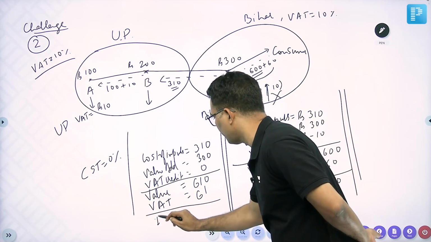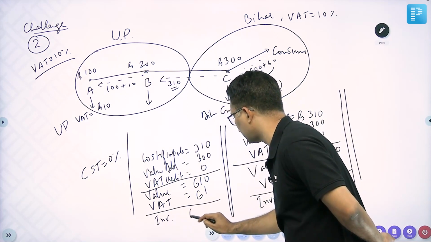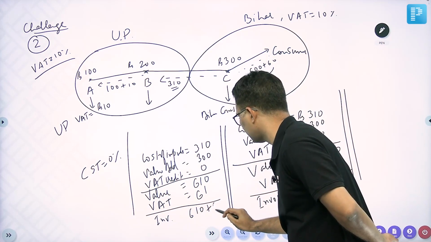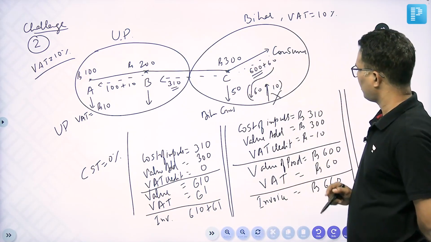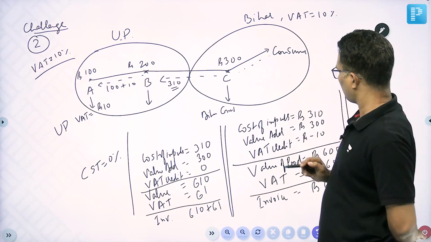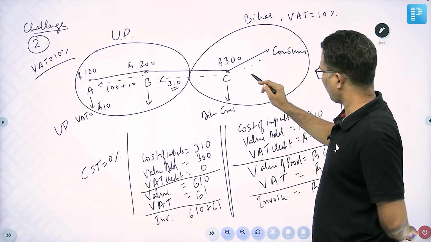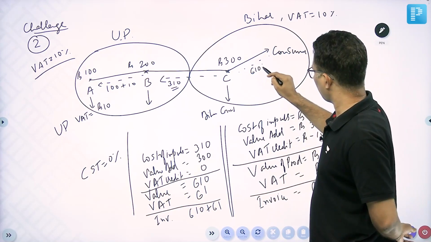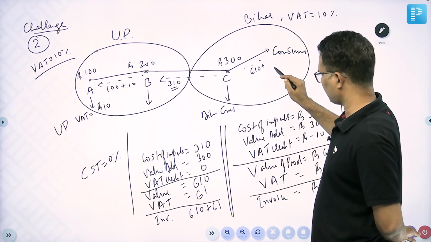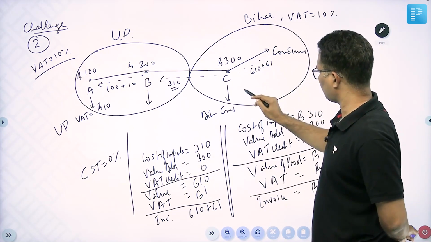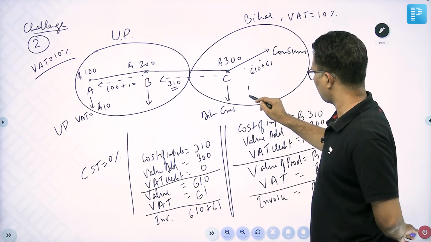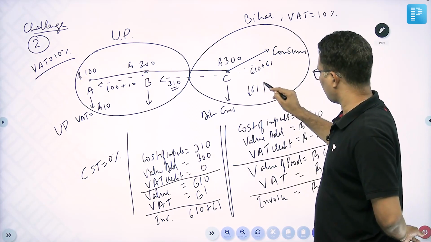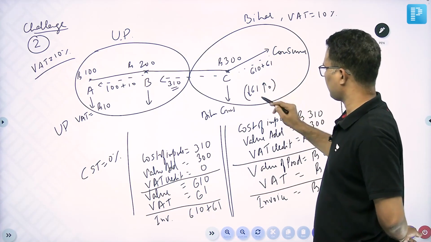So the invoice will become 610 plus 61. The consumer will have to pay 610 plus 10%, 61. C will deposit 61 to the government and he will not get any credit.